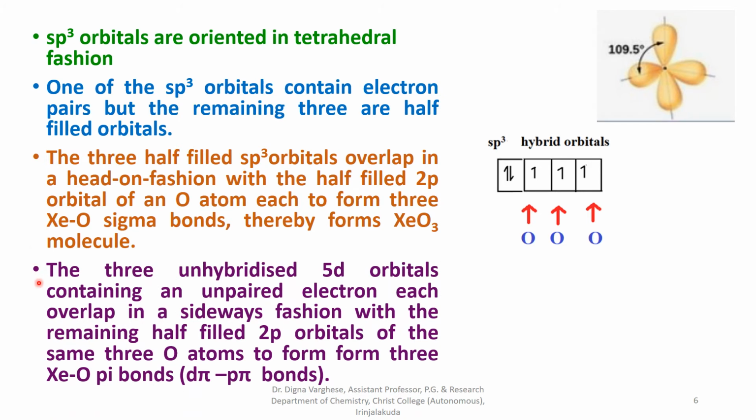The three unhybridized 5d orbitals remain, and each can overlap in a sidewise fashion with the remaining half-filled 2p orbital of the same three oxygen atoms to form 3 Xe-O pi bonds. This pi bond is from the d orbital of the xenon atom and the p orbital of the oxygen atom, so it is known as a dπ-pπ bond.